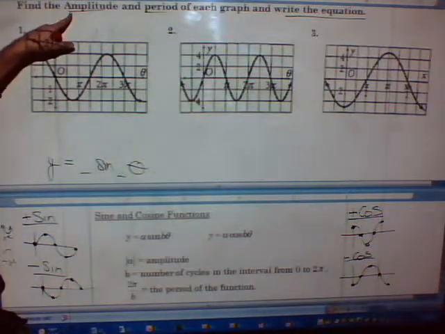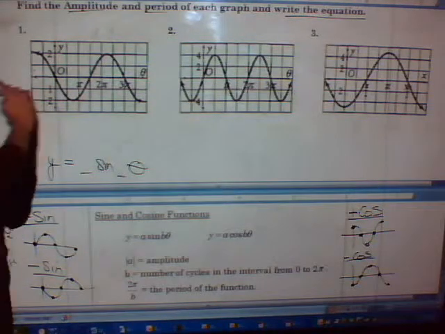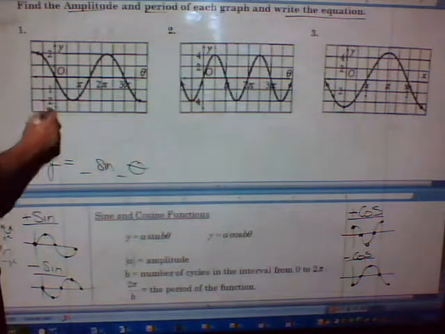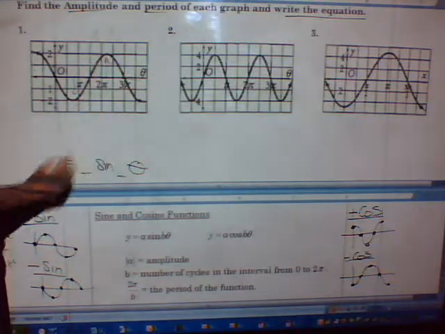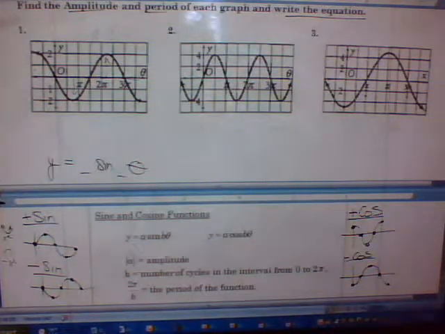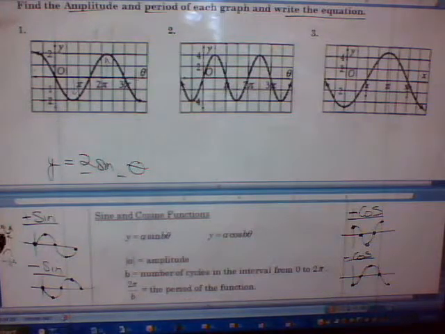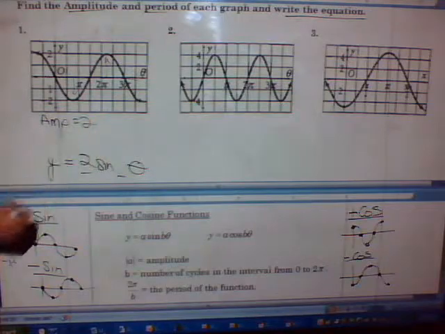So let's find our amplitude. Since this graph is perfectly centered, it's how much does it go up and down. So it looks like it goes up and down 2. So our amplitude is 2.